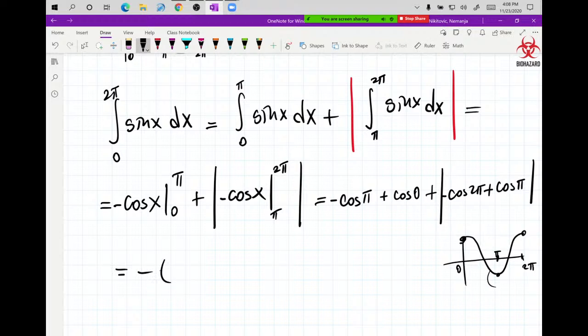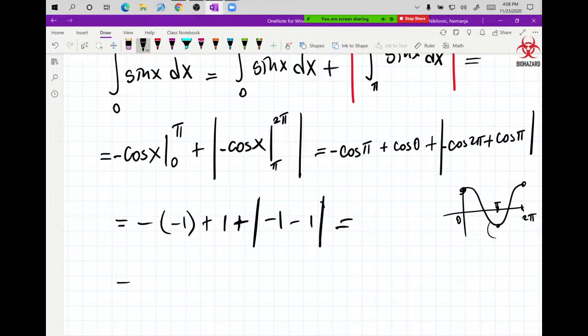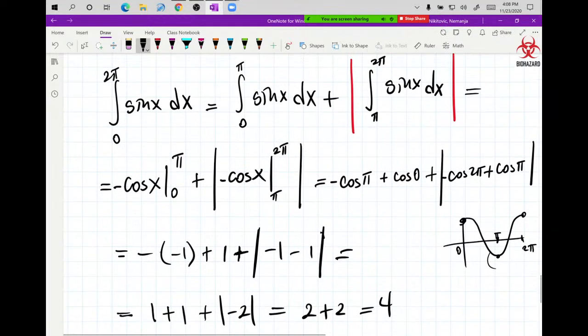So we have negative 1 plus cosine of 0, which is 1, plus absolute value. Over here cosine of 2 pi is 1, so that's negative 1 there, and cosine of pi is negative 1. When you compute this, you get 1 plus 1 plus absolute value of negative 2, which is 2, plus 2, which is 4, and you move on with your life.